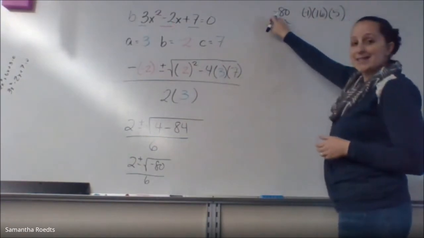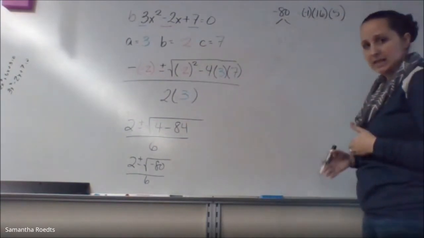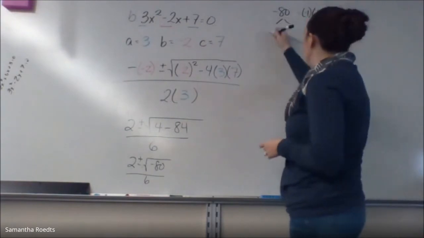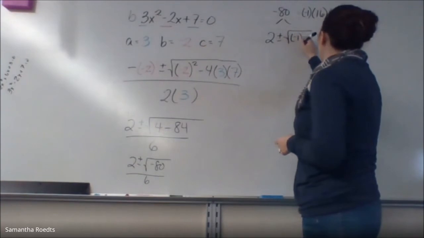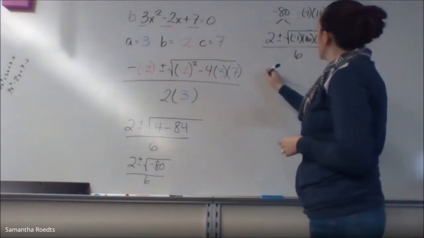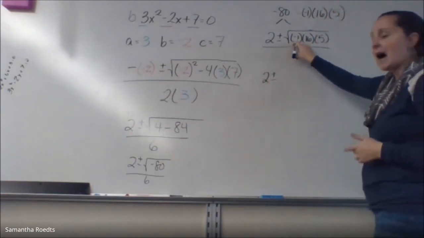It's a negative 80, so I can rewrite it as negative 1 times 16 times 5. When I do that, I'll rewrite this over here. And then I have negative 1 times 16 times 5 over 6. So I have 2 plus or minus, square root of negative 1 is i.